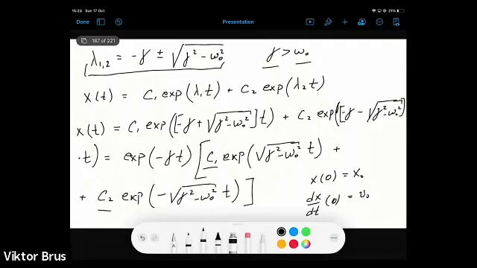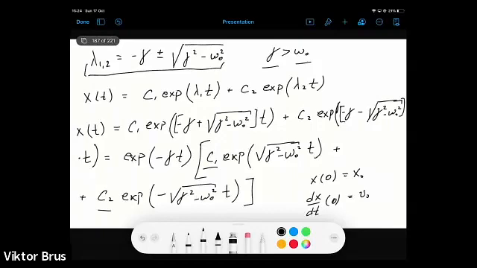So it can be any position and velocity. Depending on that, we will get some specific expressions for our constants, but that is not so critical when we consider this general form for the solution.